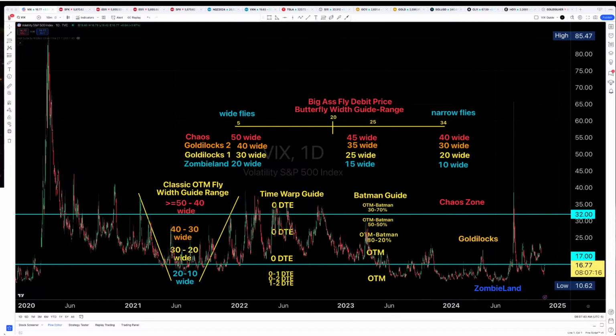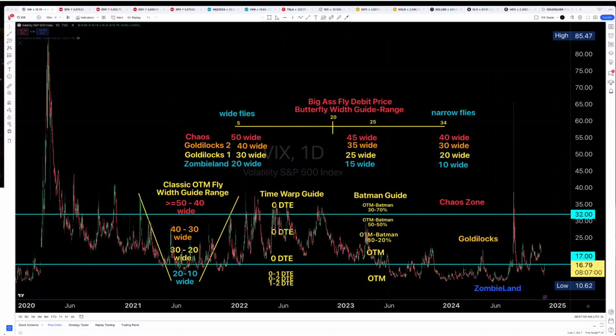What I do here is I split up the VIX into three primary volatility regimes. It's our way of just understanding where we are, and a communicative way of talking with the group.